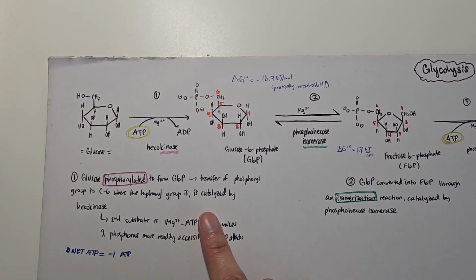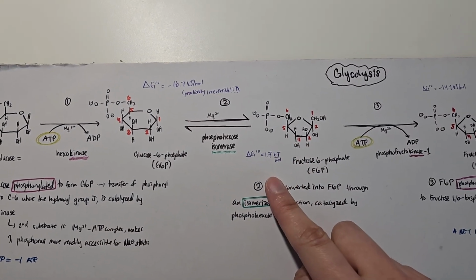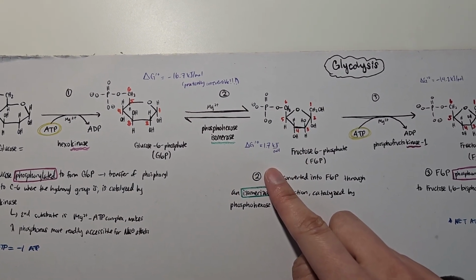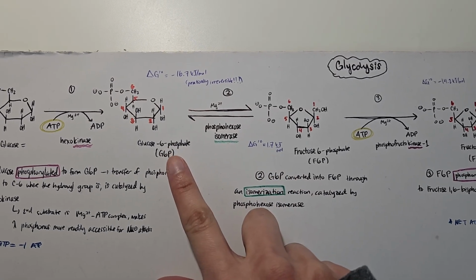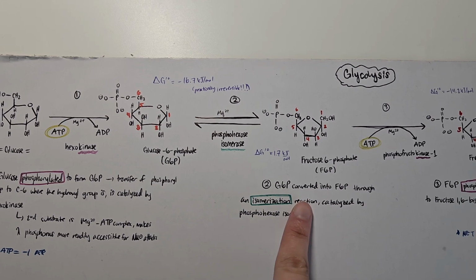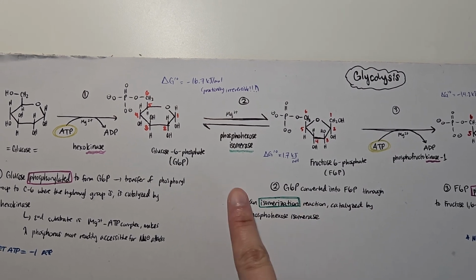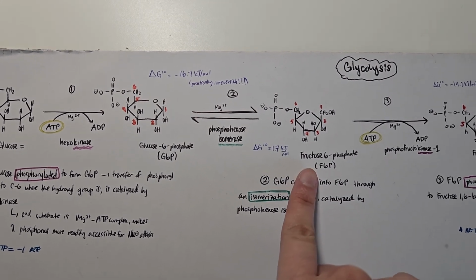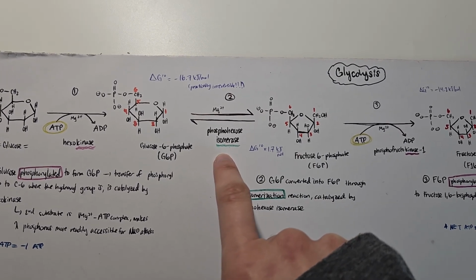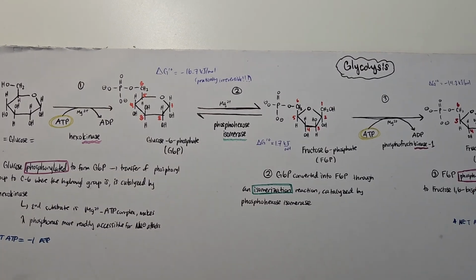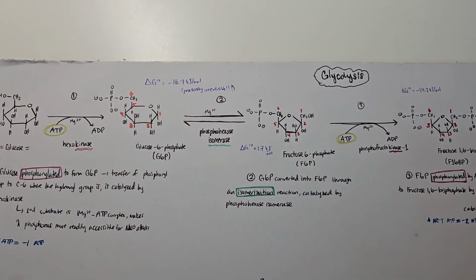And this is going to be done by phosphohexose isomerase. I like to remember it as phosphohexose because glucose is 6 and then fructose is 5. So you're going from a 6 carbon molecule to a 5 carbon molecule. And yeah, it's the same stuff. The phosphate group is still on carbon 6. You're just changing the form from glucose to fructose. Okay, and that's pretty much it.